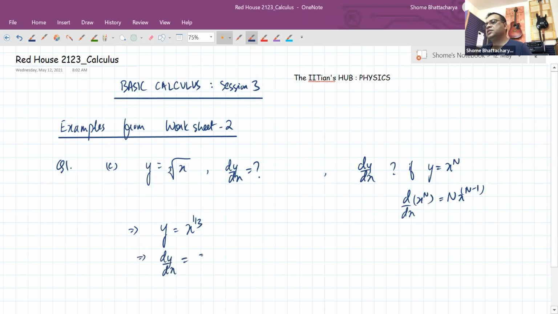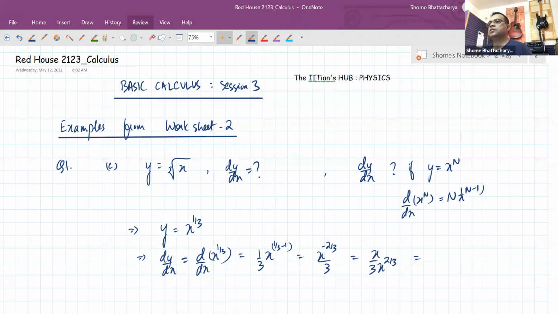So instantaneous rate of change of y with respect to x becomes this, which I can write as this, or I can write this as this.